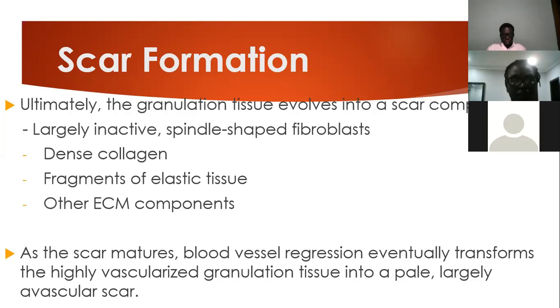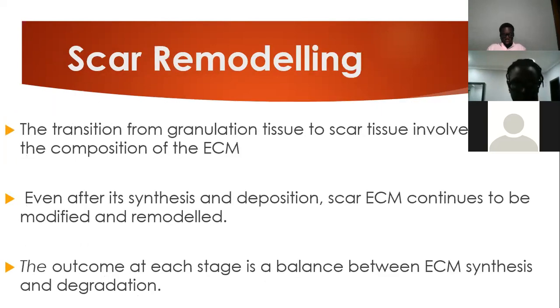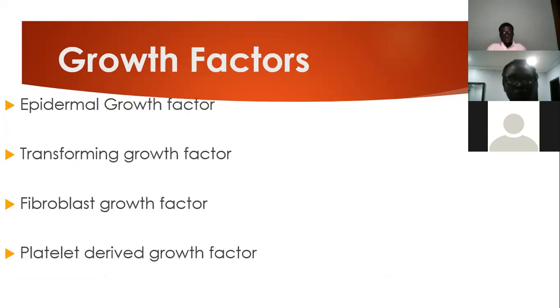Usually it is the dense collagen that strengthens the scar tissue. Okay, this is the same remodeling. So these are a few growth factors that help with the growth and strengthening of the wound. We have epidermal growth factor, transforming growth factor, fibroblast growth factor, platelet-derived growth factor.